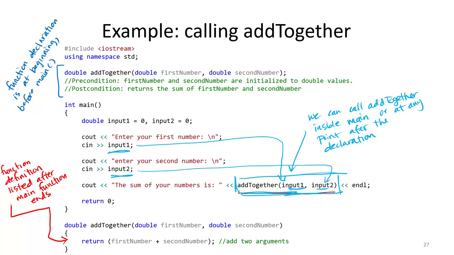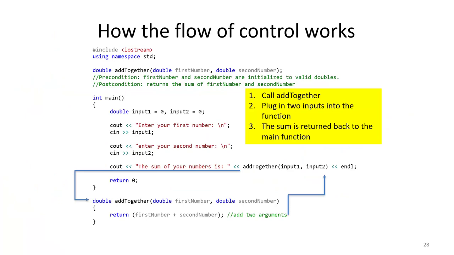So let's take a closer look at what actually happens when we call add together. Suppose I have run my program and I have gotten to this point where I want to call add together. Turns out that when this function call is read, we exit the main function, or the current function that we're in.